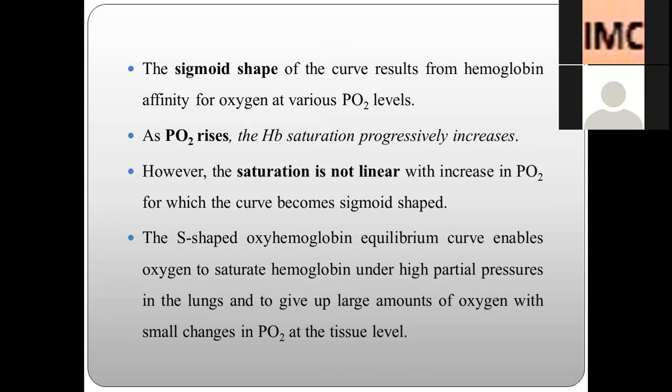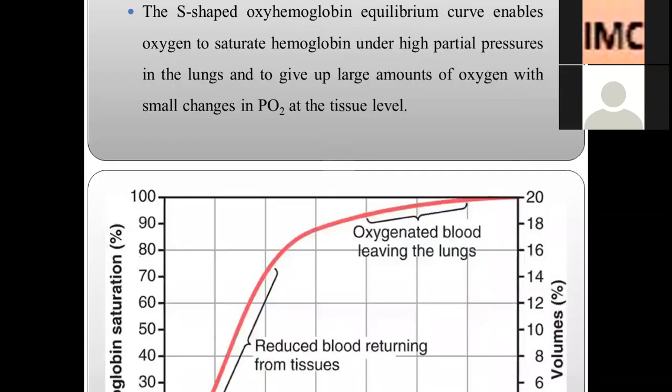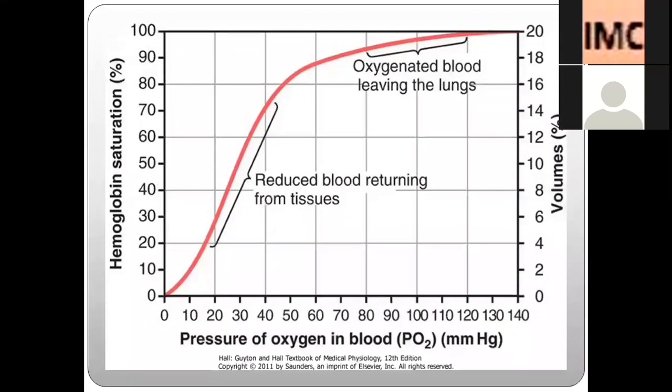Now this sigmoid shape of the curve results from hemoglobin affinity for oxygen at various partial pressures of oxygen. As the PO2 rises, the hemoglobin saturation is progressively increasing. This saturation is not linear with increasing partial pressure of oxygen, and that is why the curve becomes a sigmoid shape or an S-shaped curve. So we are going to see this particular thing.